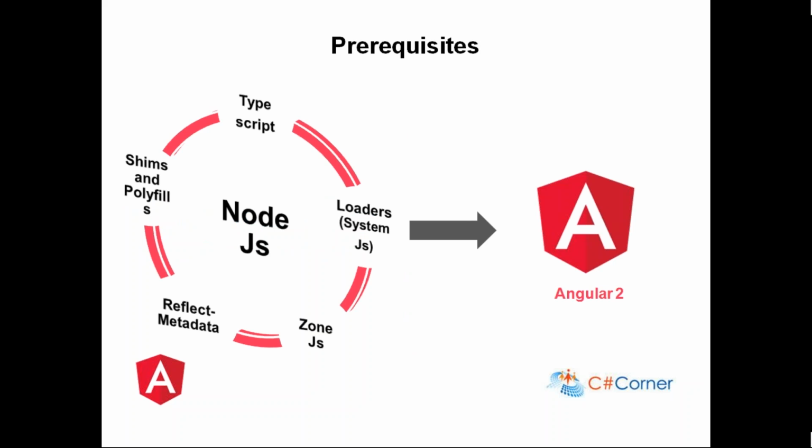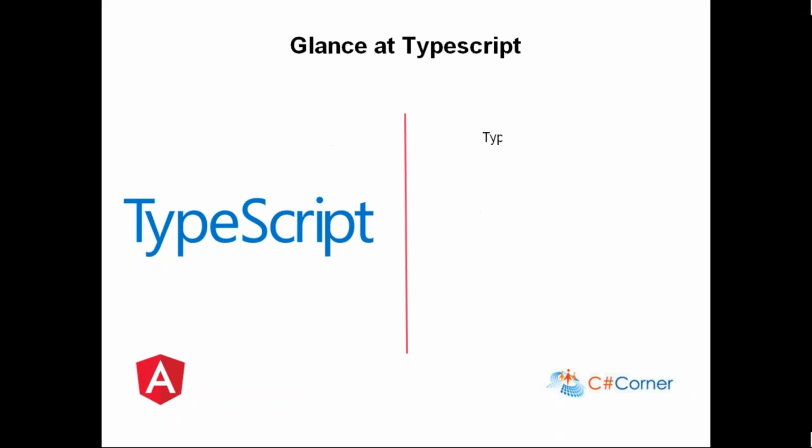So let's see what exactly the prerequisites are. We'll have a glance at these items. TypeScript is actually a superset of JavaScript. As I already mentioned, TypeScript was invented for people coming from a C# or Java background, who are very much used to inheritance, polymorphism, and other features, and to writing classes.